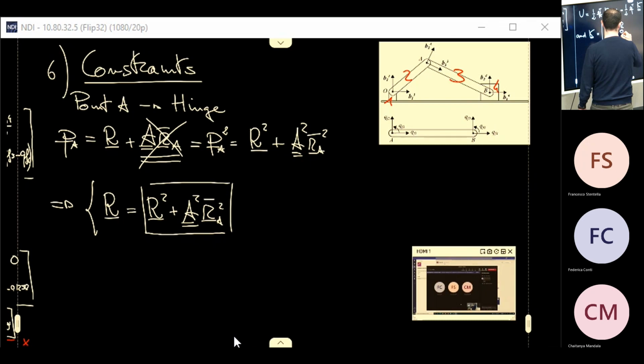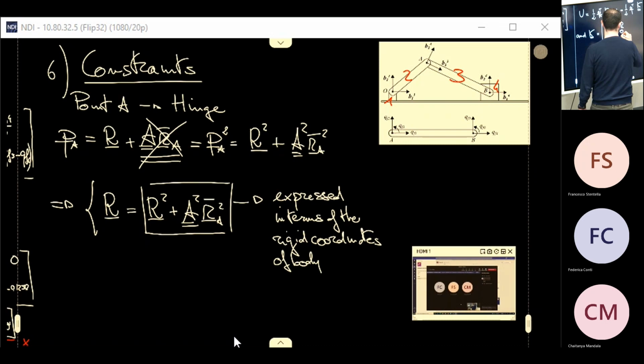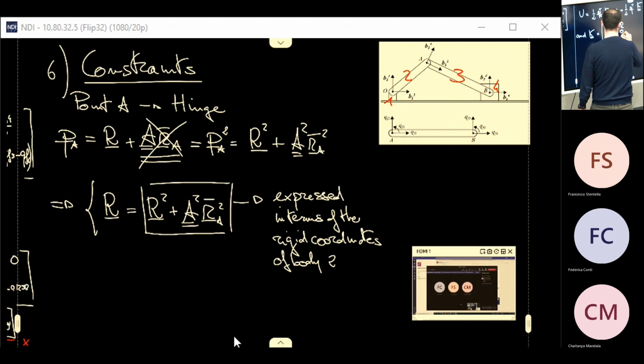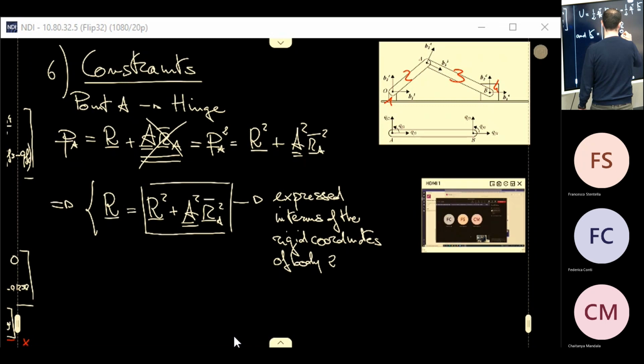Because as you remember, body 2 is rigid. Okay, so I will have the expression of this second term and the equation coming from the same analysis but done on body 2, of course simplified by the fact that body 2 is rigid. Okay, then we have point B.